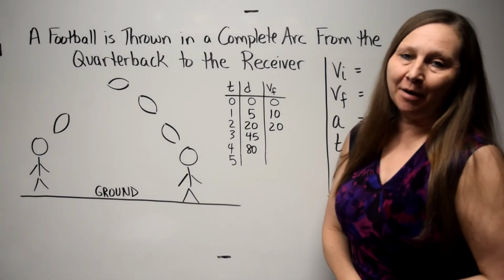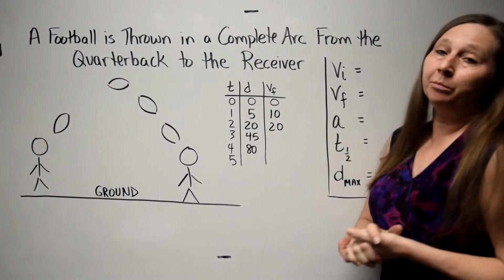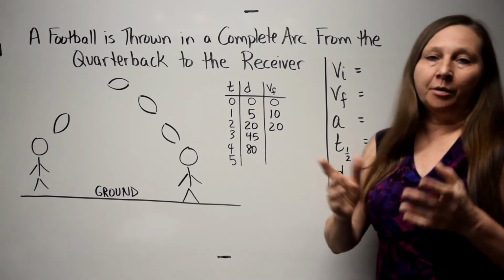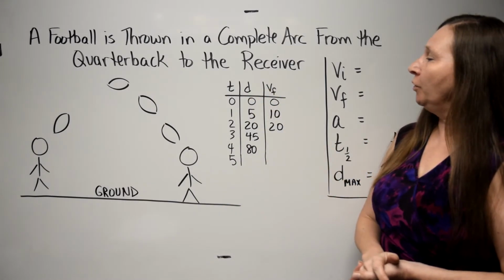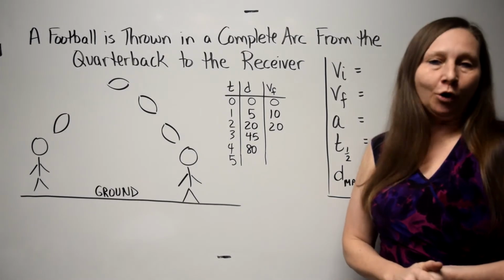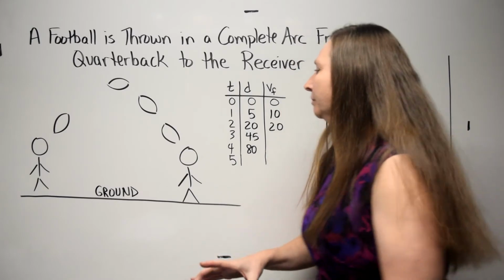For our last example of free fall, an object is thrown in a complete arc from one place to another. In this case, a football is thrown in a complete arc from the quarterback to the receiver. Let's see what we've got here.